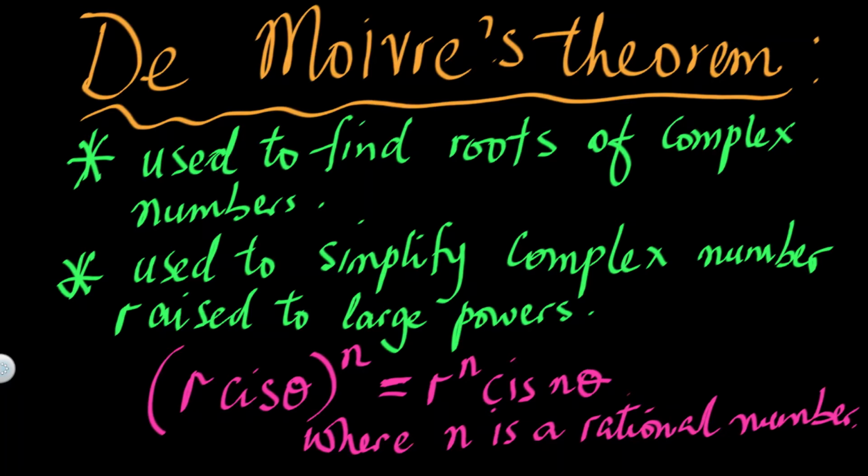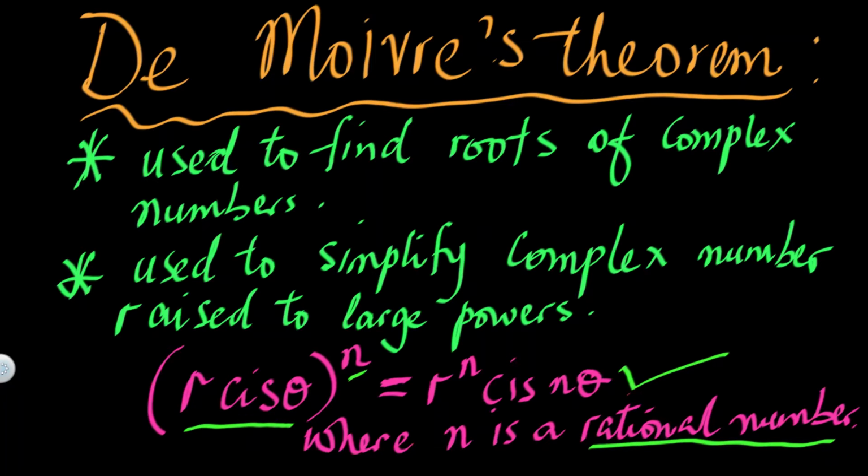De Moivre's theorem, in short, says if you have a complex number in polar form, like what we have here, and you raise it to the power of n, and this n is a rational number, which means it can be a positive number, or it can be a negative number, or it can be a fraction, if you do that, your answer is what you have on the right hand side.